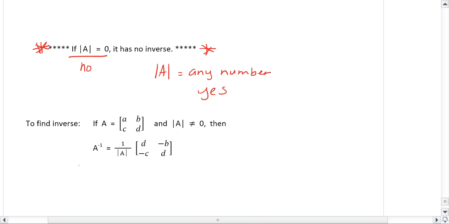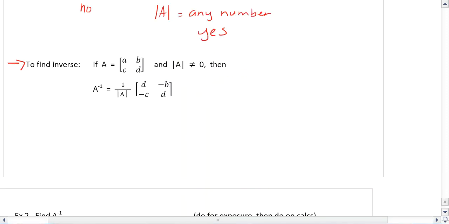Now, this next part is really just to show you. We are actually going to be finding inverse matrices on our calculators, but I want you to know what your calculator is doing. So let's just take a quick look at how you find an inverse. Well, this formula is saying to find A inverse, you take 1 over its determinant, and see how A and D are the major diagonal?